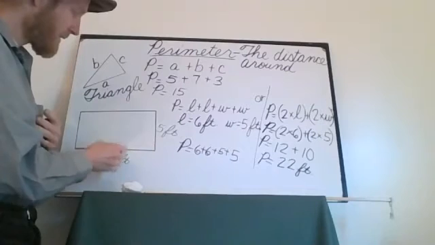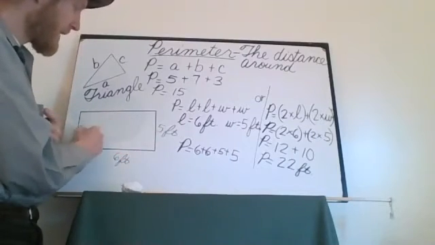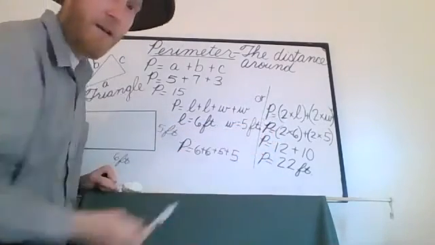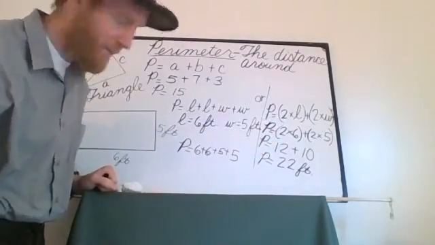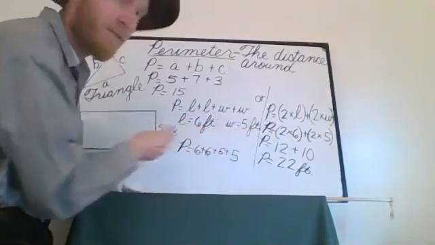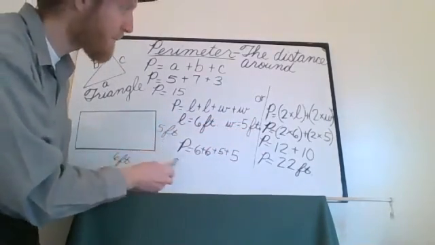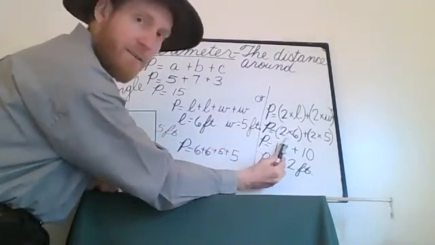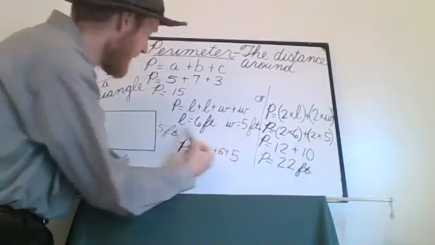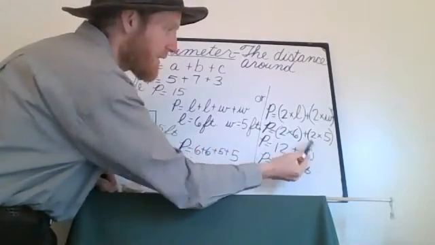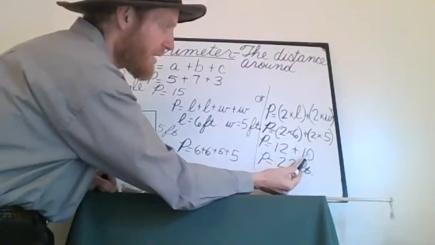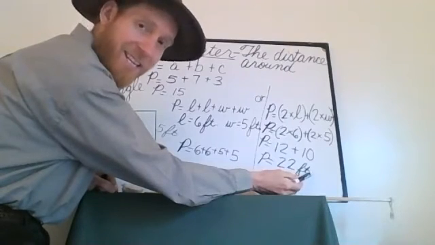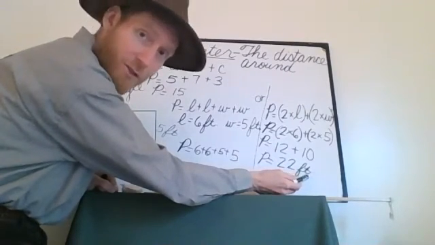It's 6 plus 6 plus 5 plus 5, or memorize the formula. 2 times the length, because there's 2 of them, plus 2 times the width, because there's 2 of them. And the length was 6, so 2 times 6 plus 2 times 5, because the other one's 5. 12 plus 10, 22 feet. And always put the unit at the end if they give you a unit to do.